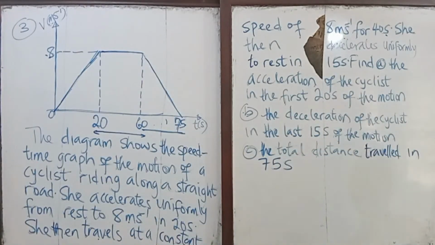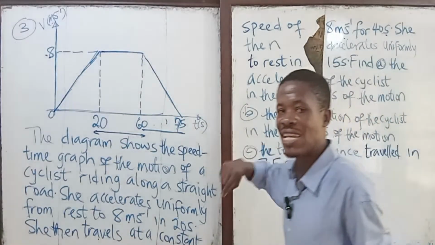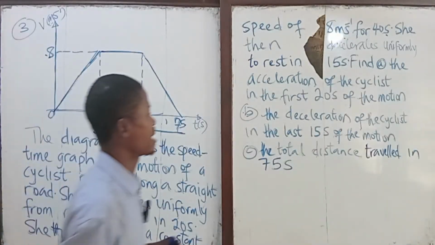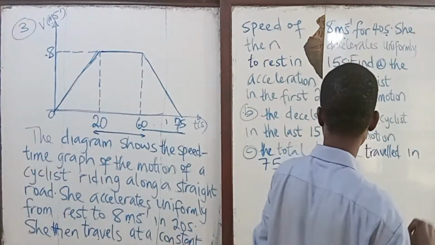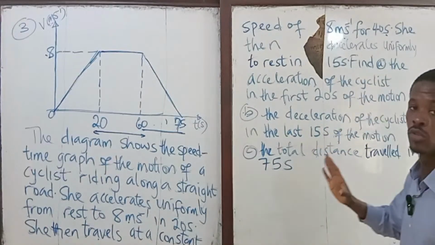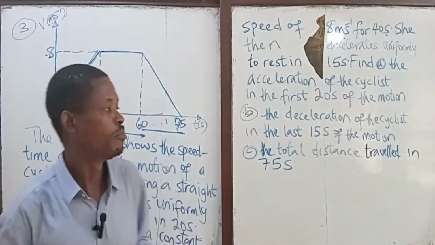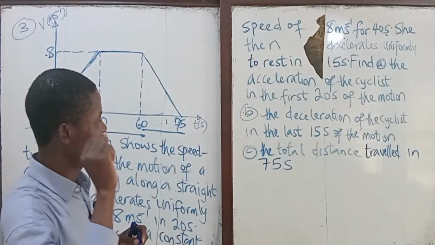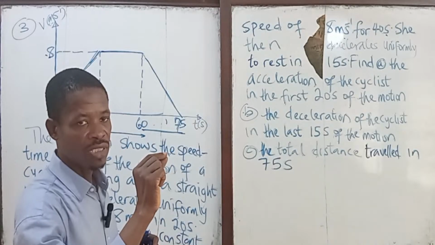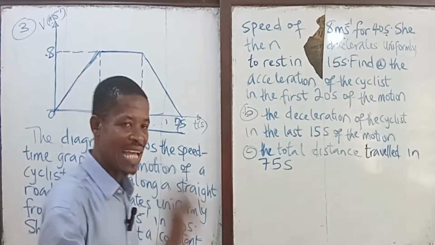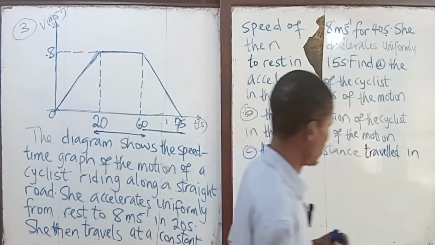Find A, the acceleration of the cyclist in the first 20 seconds of the motion. B, the deceleration of the cyclist in the last 15 seconds of the motion.